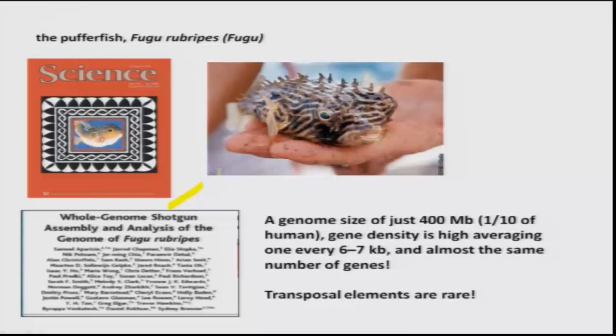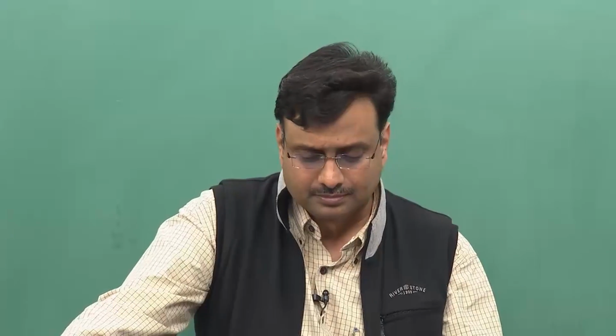So that led to the whole genome sequence of this fish, Fugu rubripes, which is normally found in Japan, and this is one of the delicacies. People eat this fish, and this project was driven by Sydney Brenner, who received the Nobel Prize for his work on C. elegans. Okay.